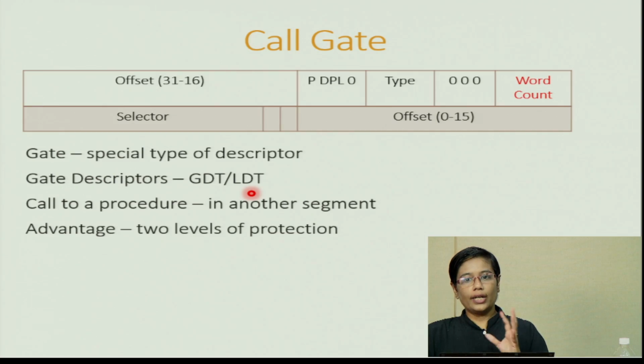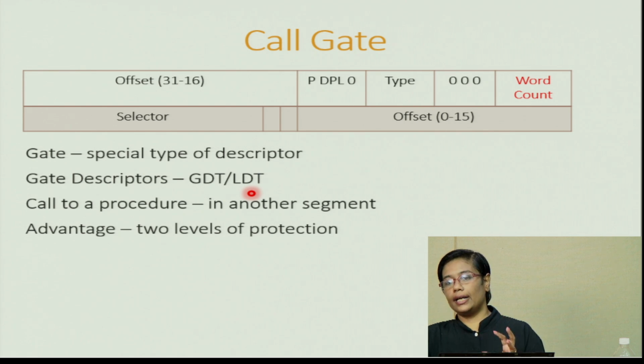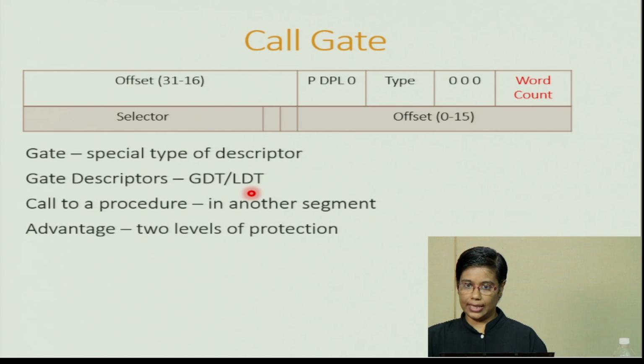Now, what is this descriptor going to be? This descriptor is going to be slightly different from the descriptors which we have seen. It is going to be called a call gate. This call gate is a descriptor, but the format is slightly different. You are going to have 32 bits of offset, that is offset 0 to 15 and 16 to 31. This basically gives you the offset value with respect to the start of the segment.